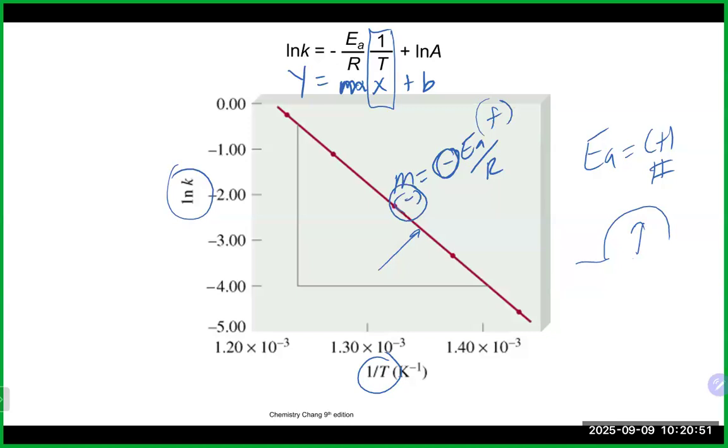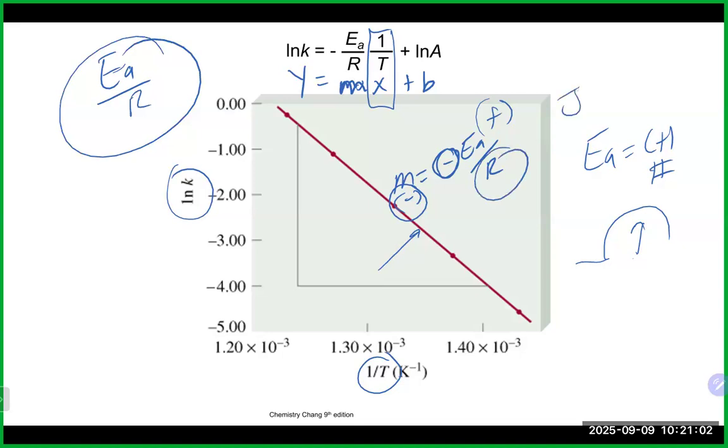You do also want to think about units, especially when we're using this. And we'll see another equation where it'll be really important as well. This R, by the way, has units of joules, which means when you solve for the activation energy, it'll actually be in joules. And a lot of times the activation energy is given in kilojoules.